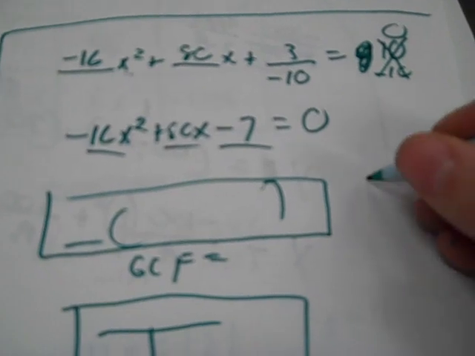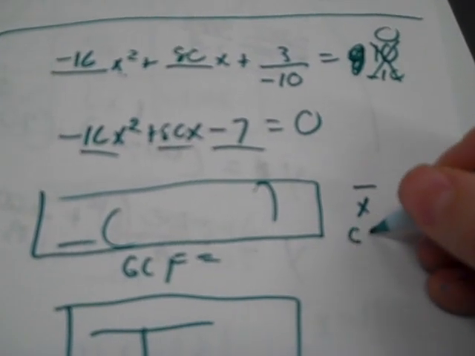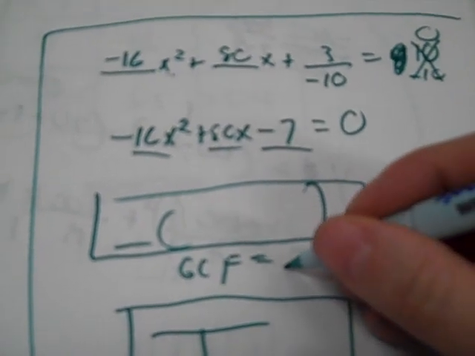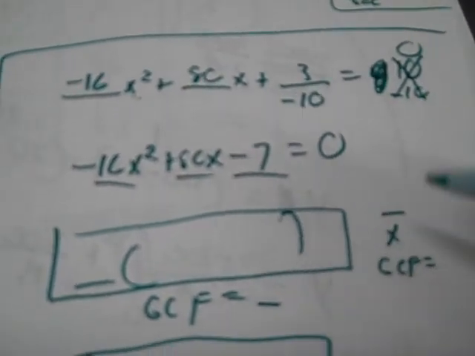Okay, so we have 3 terms, so go to your GCF table. Now remember GCF, you check for 3 things. You are going to need a negative because your leading coefficient's negative.